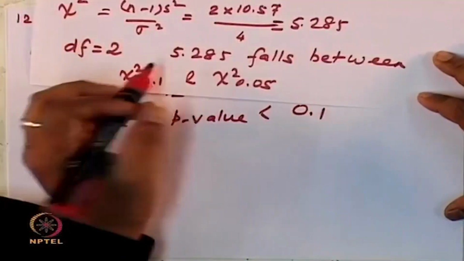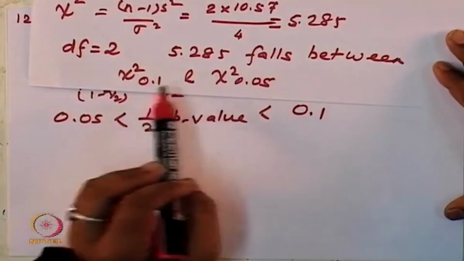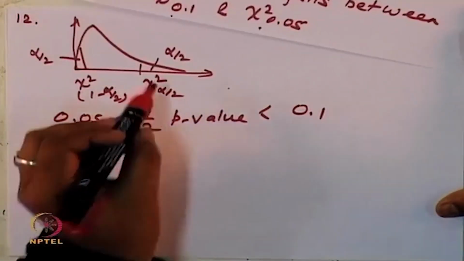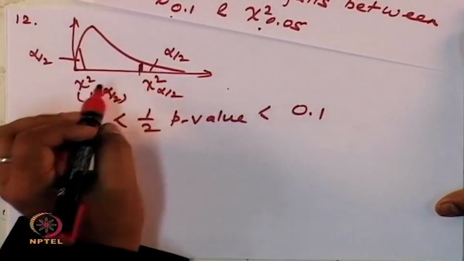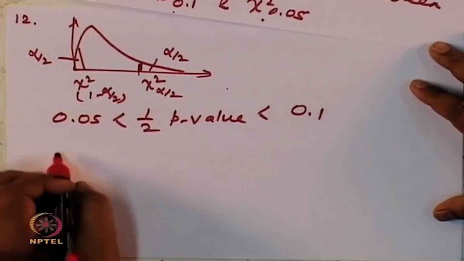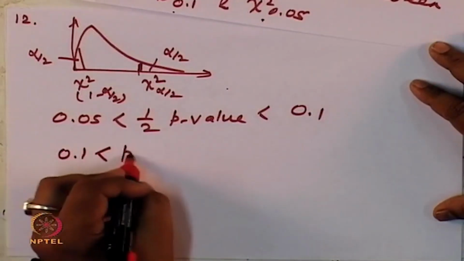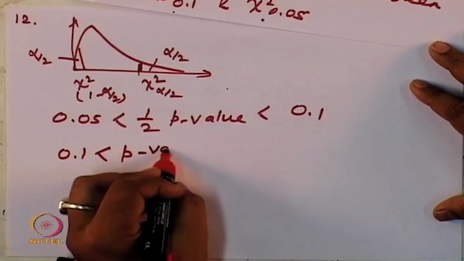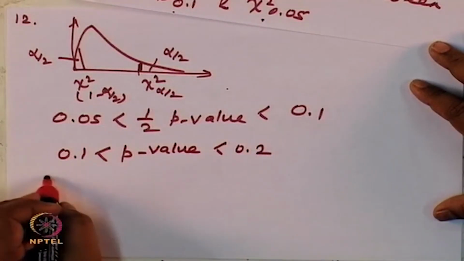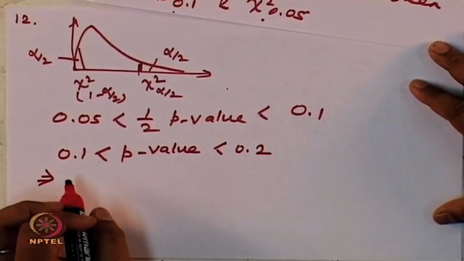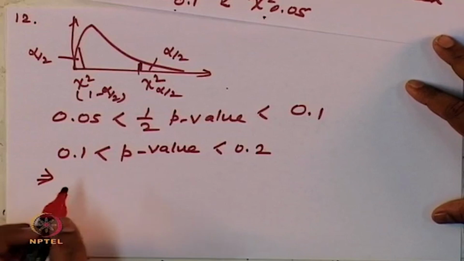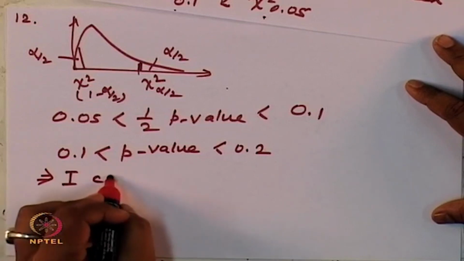Why? Because this value falls within chi square of 0.1 and chi square of 0.05, but this range, so this half is only giving you half of the total p value. So, the total p value ranges between 0.1 and 0.2. This implies that my p value is greater than 0.1, implying I cannot reject, so I cannot accept the assertion.